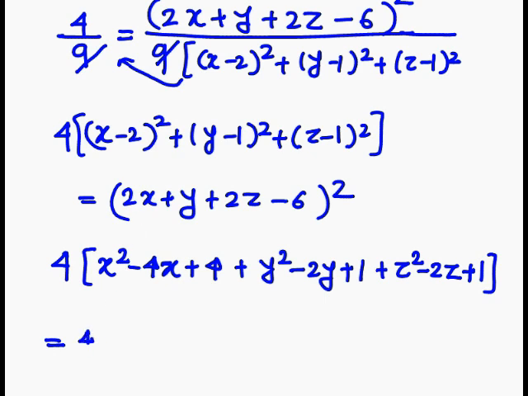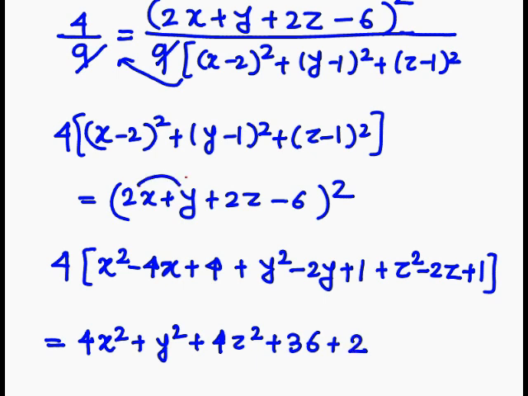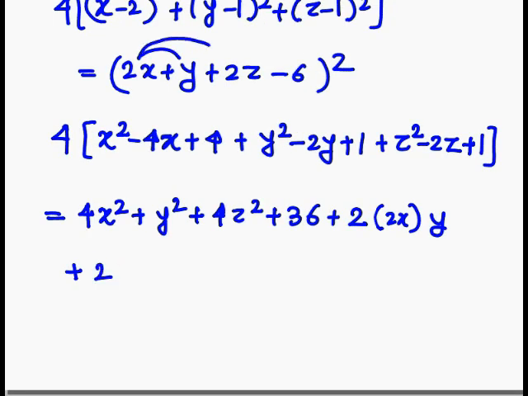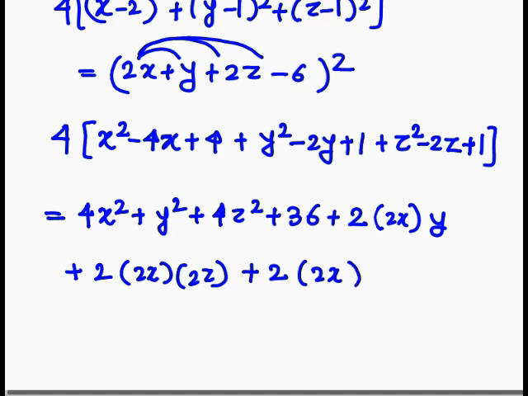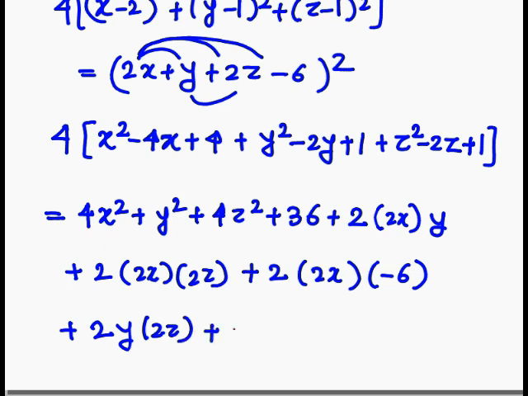So we get 4x square plus y square plus 4z square plus 36, plus 2 times multiplication of a into b, that is 2xy, plus 2 times multiplication of a into c, that is 2x into 2z, plus 2 times multiplication of these two, so we get 2x into minus 6, plus 2 times multiplication of b with c, that is y into 2z, plus 2 into multiplication of b with d, that is y into minus 6, plus 2 times multiplication of c with d, that is 2z into minus 6.